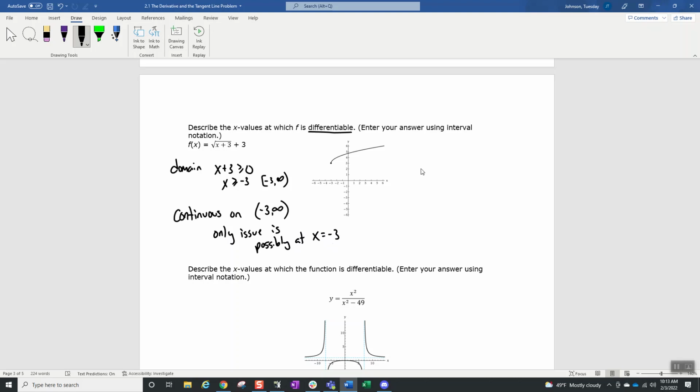And see, if we look, because we can't take this delta x all the way around, we will not be differentiable at x equals negative 3 because there's nothing on the left of it. There's no limit that we can look at from the left and from the right.